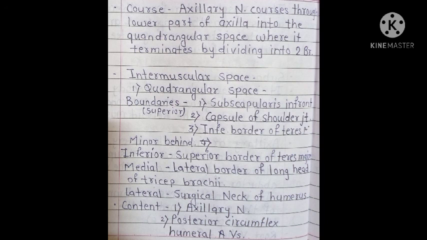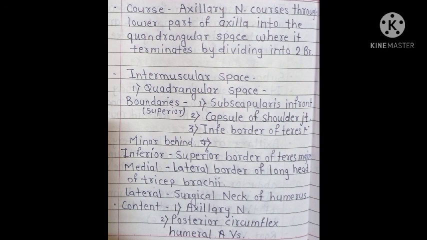Then the intermuscular spaces. So there are three intermuscular spaces in that region, and these are: number one is the quadrangular space. The boundaries of the quadrangular space are: superiorly subscapularis in front, capsule of the shoulder joint, and the inferior border of the teres minor behind.